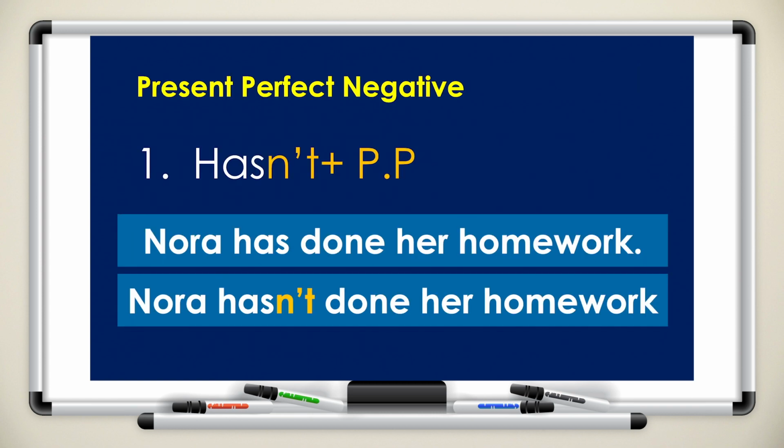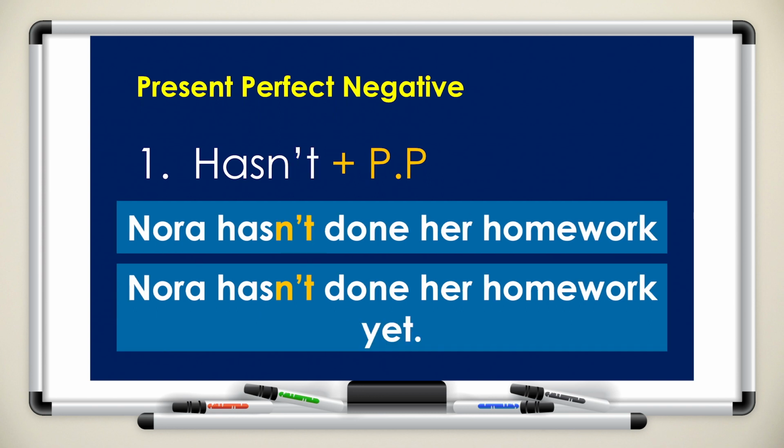If I want to use the present perfect in the negative form, how am I going to use it? For example, Noura has done her homework. If I want to change the sentence from the affirmative form to the negative form, I will say Noura hasn't done her homework.